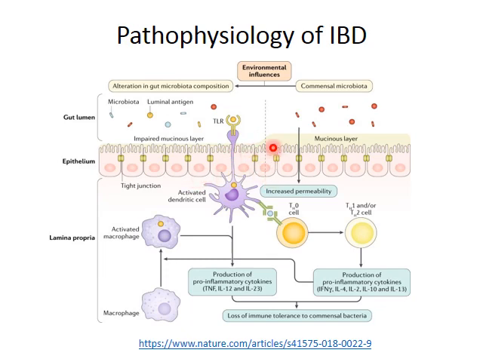Normally the cells in the GI mucosa are tightly associated, but the permeability of the tight junction is increased, and it may increase uptake of microorganisms inside the cell. There is also an impaired mucinous layer, which is a protective layer. If that layer is impaired, the permeability to organisms and other factors increases.